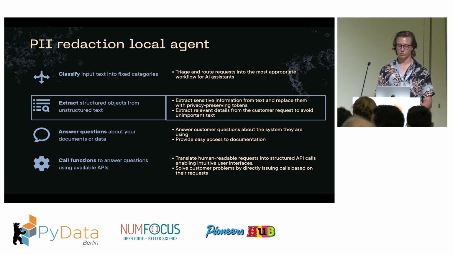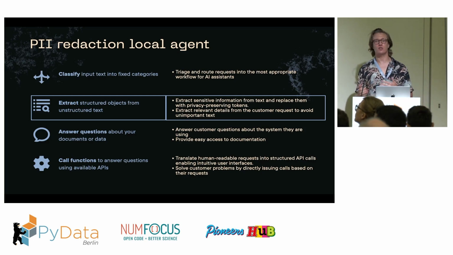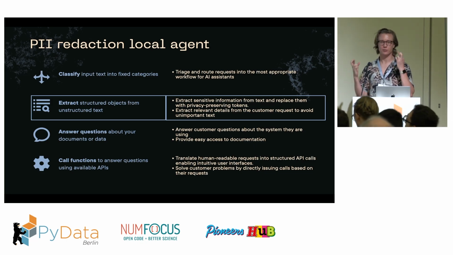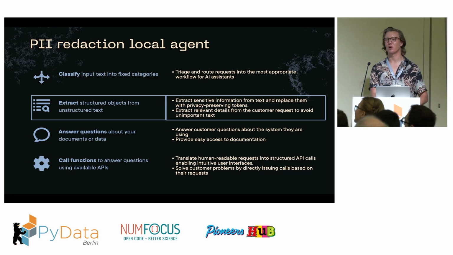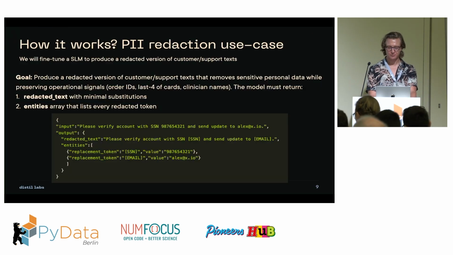Here we'll do a PI reduction case, and I'll try to walk you through how every step of the way works. So if you want, you can set it up yourself after the talk. We'll see how far I get in 10 minutes, but hopefully it will be relatively straightforward.